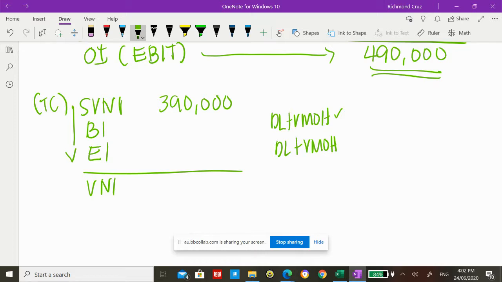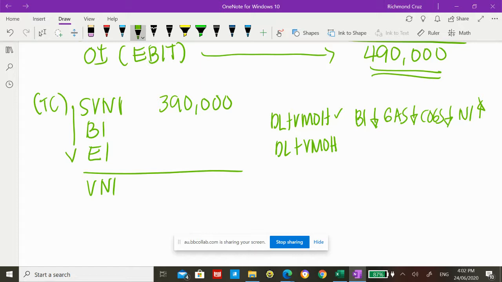And if we compare the beginning inventory of super variable net income to variable costing net income, the beginning inventory is understated because of direct labor and variable manufacturing overhead. If the beginning inventory is understated, the goods available for sale will be understated also, and the cost of goods sold will be understated, and the net income will be overstated.